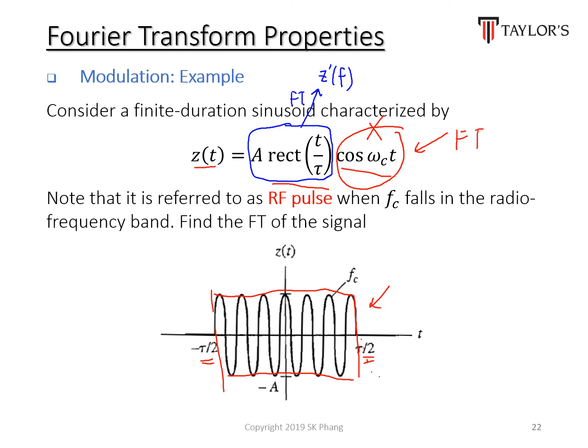What you need to do is just use the modulation property to shift this to become A over 2 Z prime of f minus fc plus A over 2 Z prime of f plus fc. So this makes use of the modulation property.